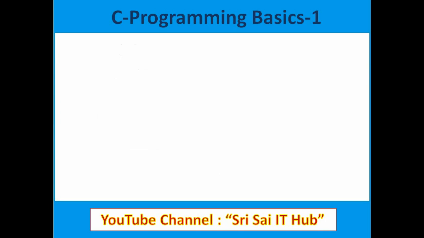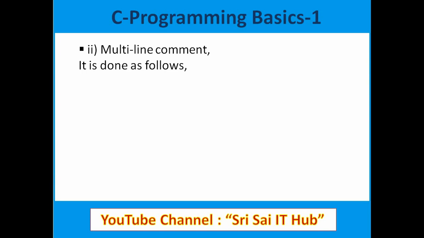Next, the second type of comment is the multi-line comment. A multi-line comment provides a multi-line description of a program, and this is done with forward slash star followed by star forward slash.